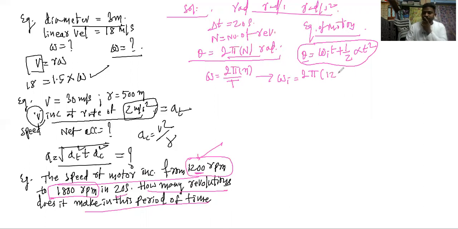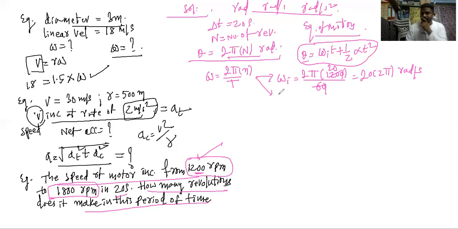So this is 1200 revolutions per minute. Time is 60 seconds. So 0, 0 cancel, and this is 20. So this is 20 into 2 pi radians per second. Okay, because omega is in radians per second.